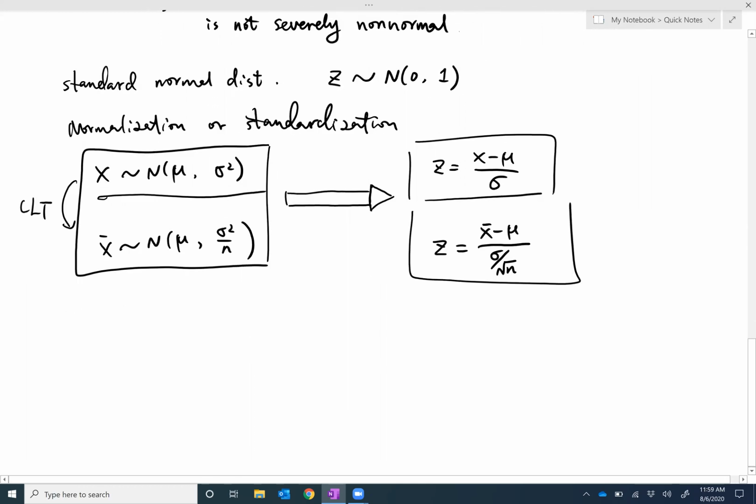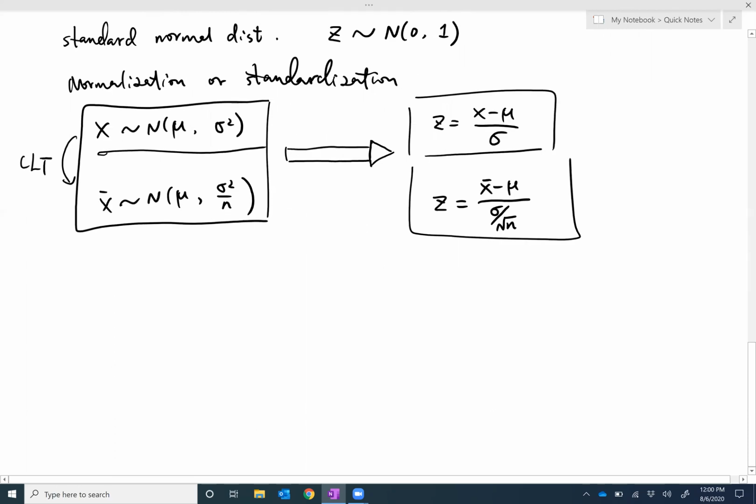Now, let's have an example. Suppose we have a manufacturer, an AM machine, could be an additive manufacturing machine. So this is printing parts, right?